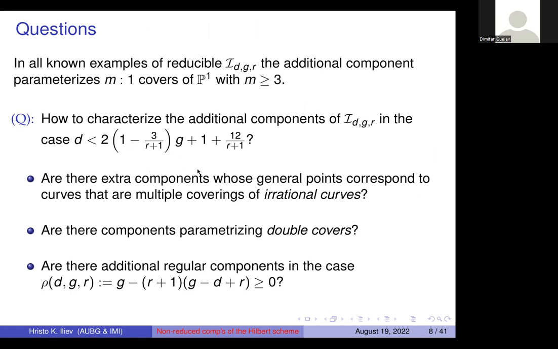In particular, we wanted to see whether there are components that parameterize curves that are multiple coverings of irrational curves. And because all the known additional components of the Hilbert scheme were found for triple coverings, we asked whether there are components that parameterize curves that are double covers.